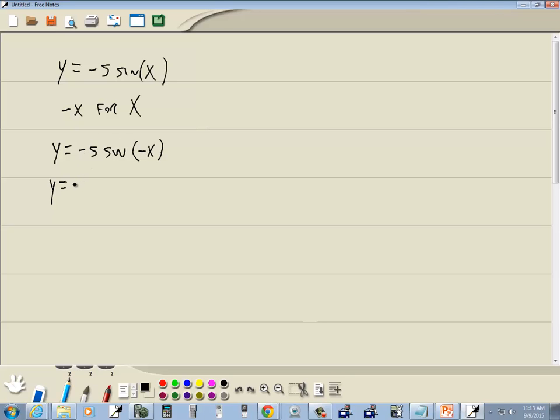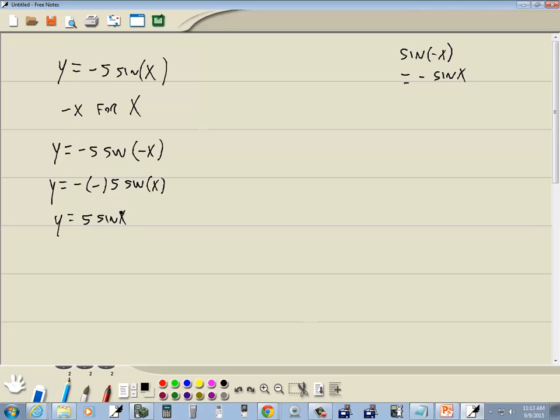Well, there's already a negative there, so we've got a negative, then 5 sine, and then this becomes a positive x. That's one of the properties. If you've got sine of negative x, that's going to equal negative sine x. Well, negative becomes positive.